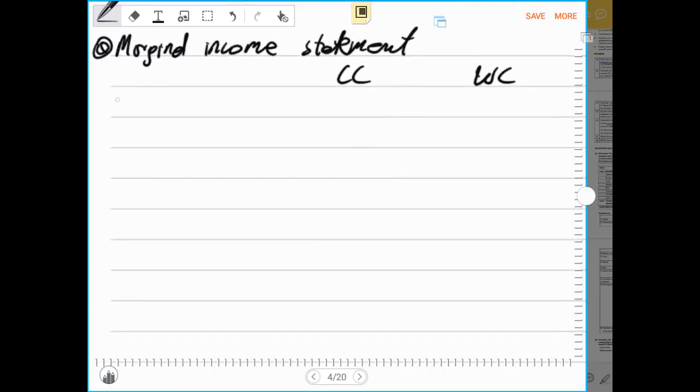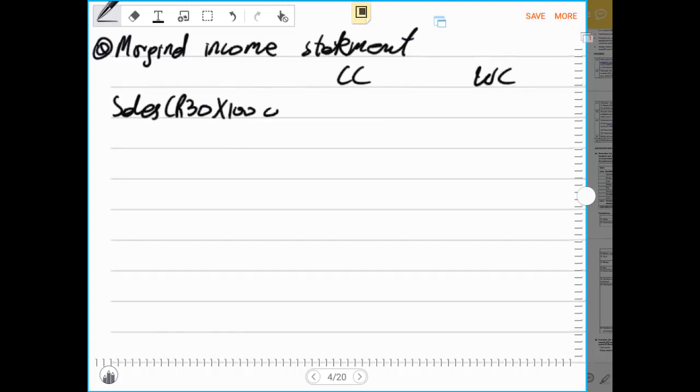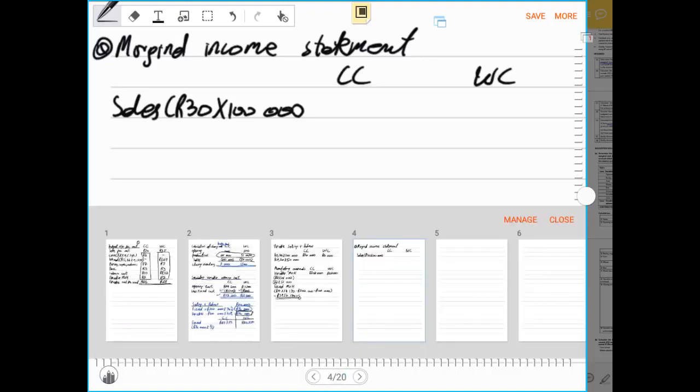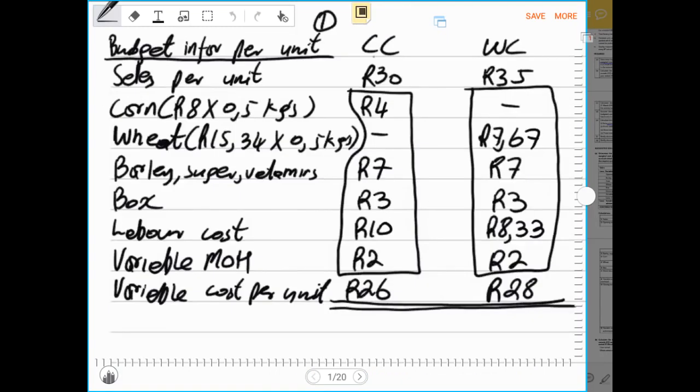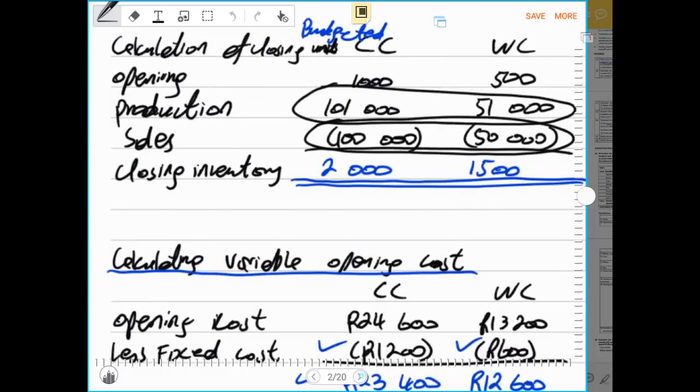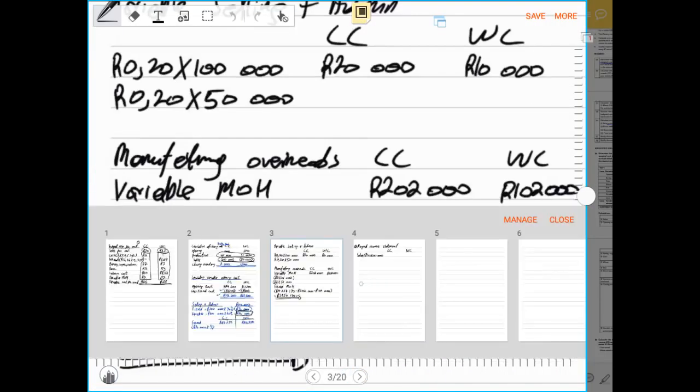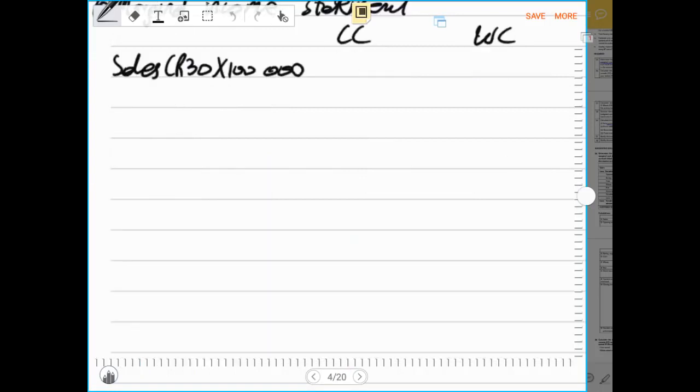And this will have to start with sales, and we know that our selling price is 30 rand and 35 rand, times that by 100,000 units that the company budgeted to sell, and they actually sold as they budgeted. Remember, this was the sales of 100,000 and the sales of 50,000. So that will be the information that we are using in compiling our marginal income statement.